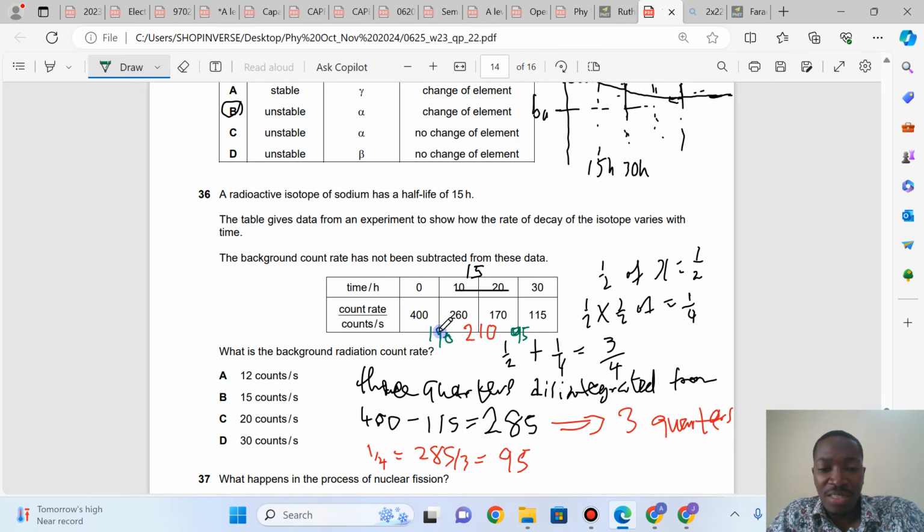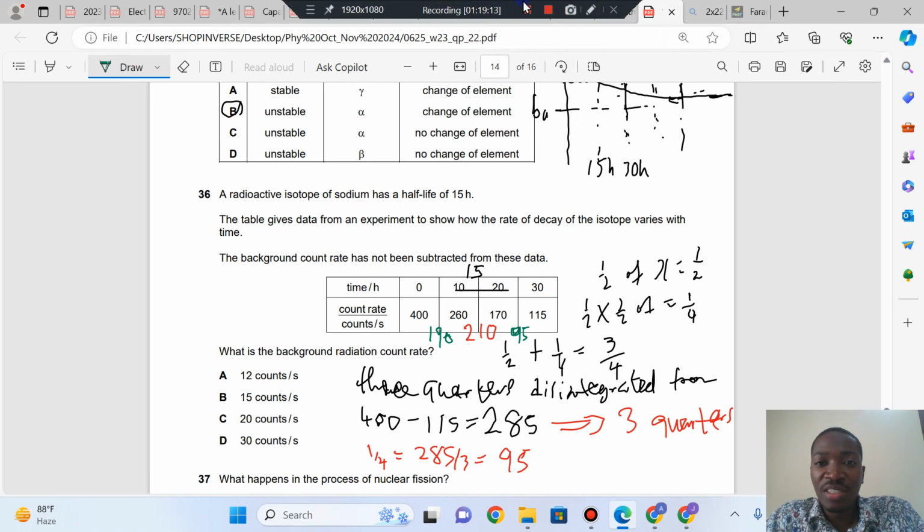If you add this value, twice of this, to what we have here, we know exactly what was left before, the original count rate, irrespective of the background radiation.